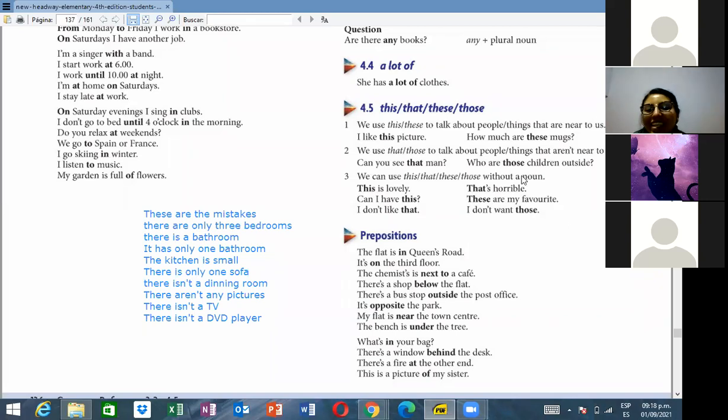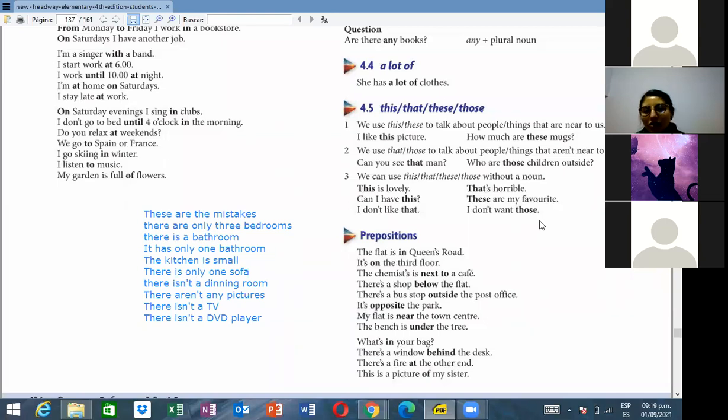¿Ok? Repita, por favor. This is a new rule. If you don't want to be specific, okay, you can use that kind of sentence. Okay. Aquí, chicos, si ustedes no quieren ser específicos hablando de algo, pueden usar esto. Decir, oh, that's horrible. Oh, these are my favorite. This is lovely, ¿cierto?